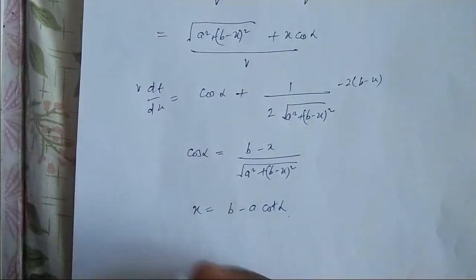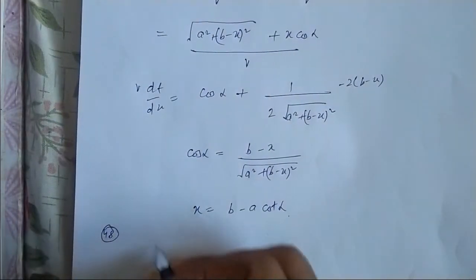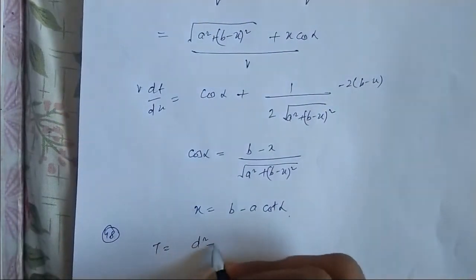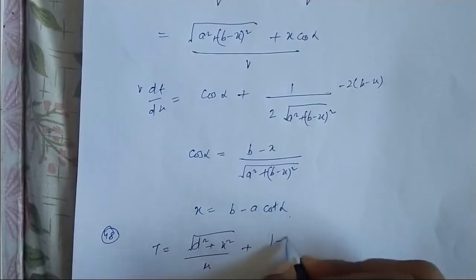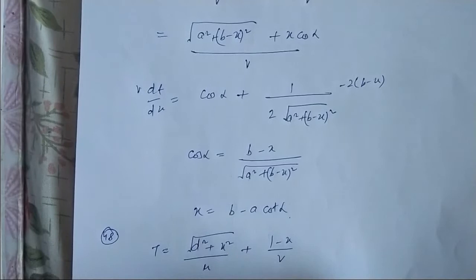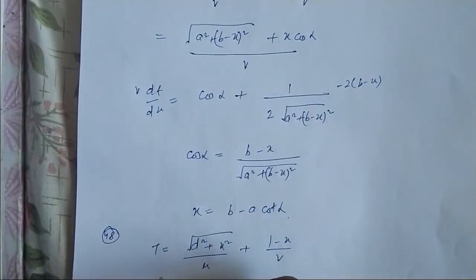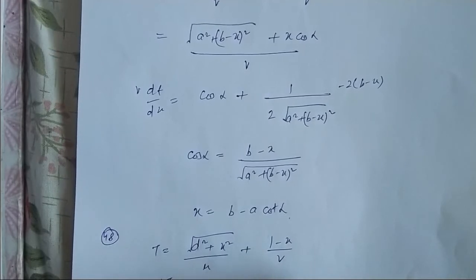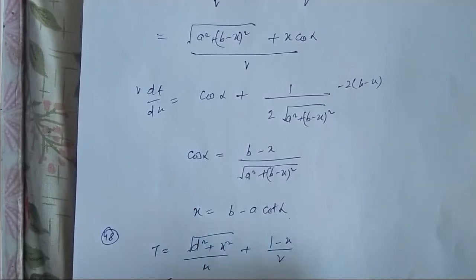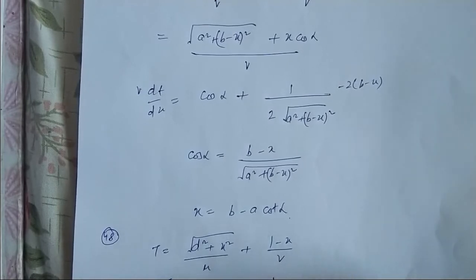So here t would be equal to root of d square plus x square upon u plus 1 minus x upon v. And dt by dx would be equal to x upon u root of d square plus x square minus 1 by v, which is equal to 0.